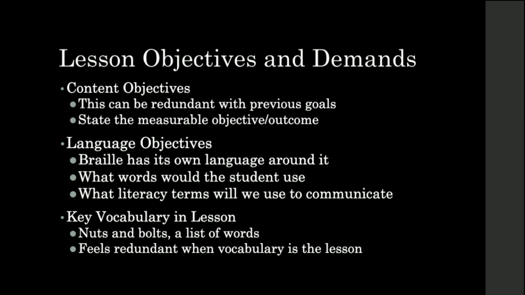We really want to make, and I can't emphasize this enough, to state measurable objectives or outcomes. And I really encourage people in my classes, try not to say 75% proficiency on 3 out of 4 trials.